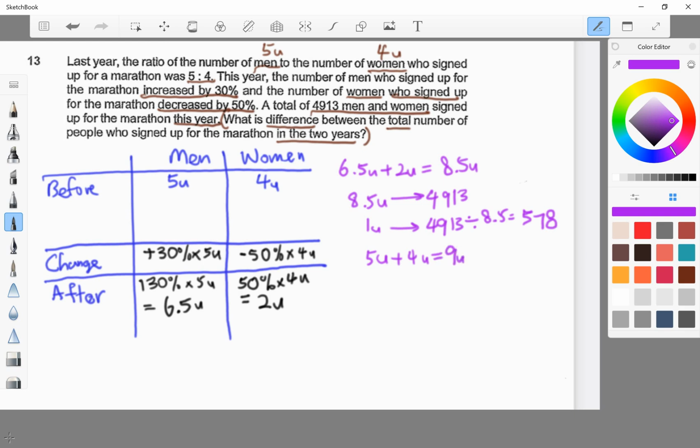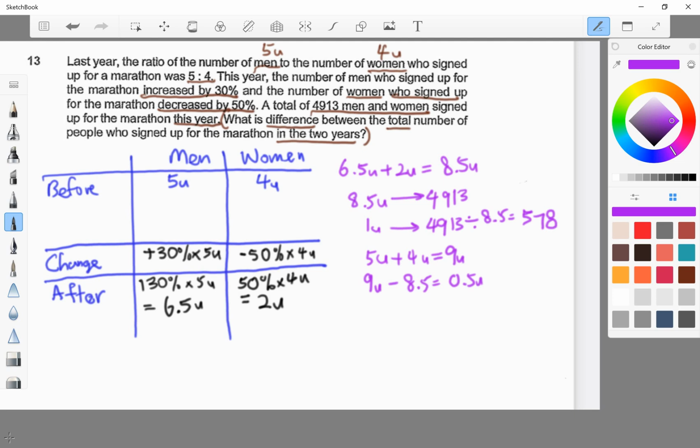So last year, the number of people were 9 units. And this year, it has dropped to 8.5 units. So this will mean that there is a 0.5 unit reduction, 0.5 unit decrease.